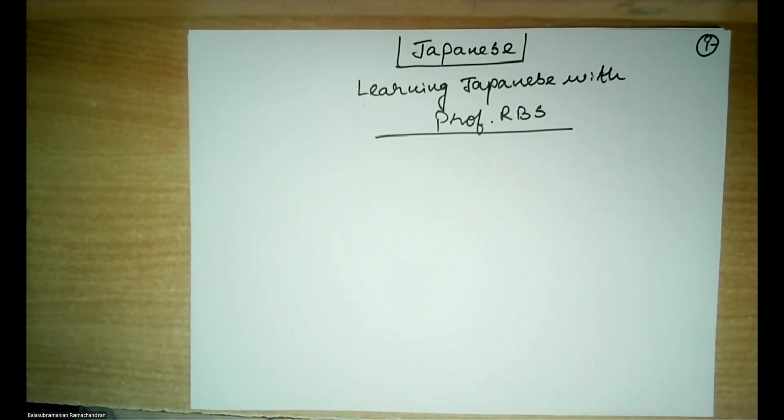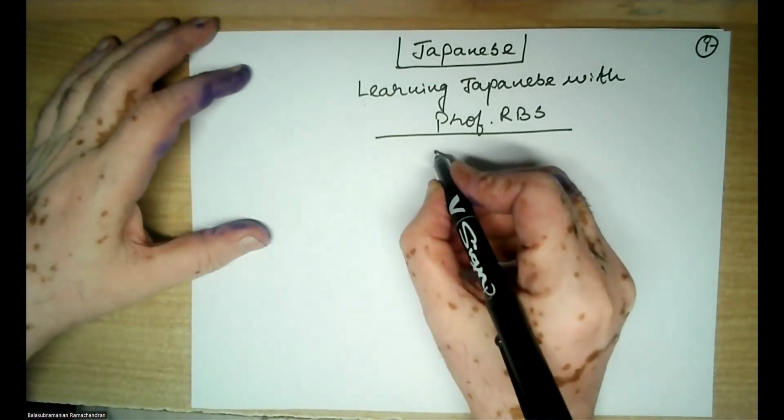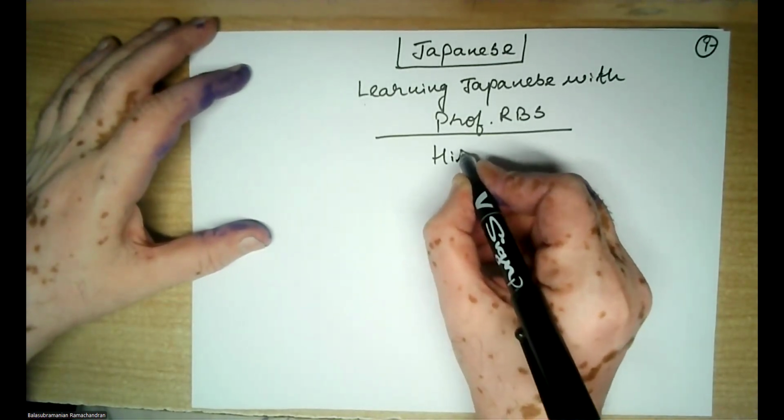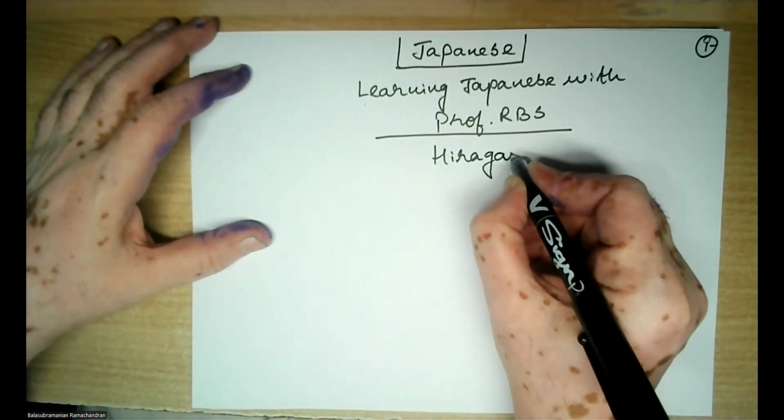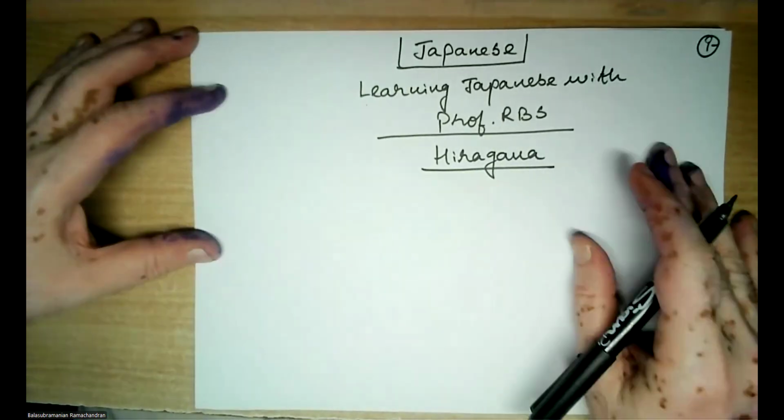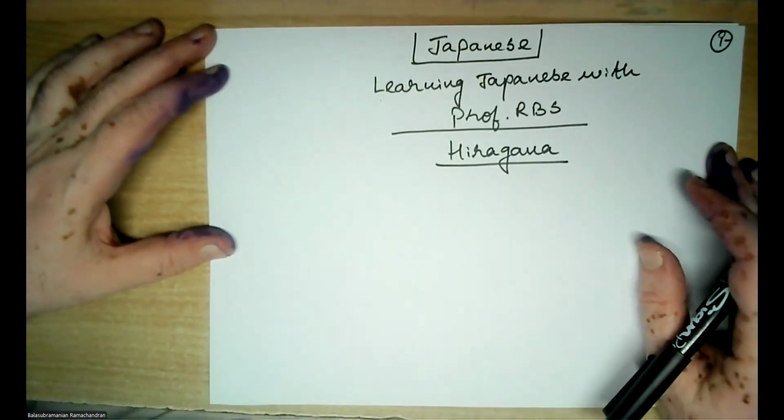So without further ado, I would like to start with the Japanese alphabet, the Japanese syllabary, and we'll start with hiragana. We are going to start with the practice of hiragana. I'll explain to you what hiragana is later.